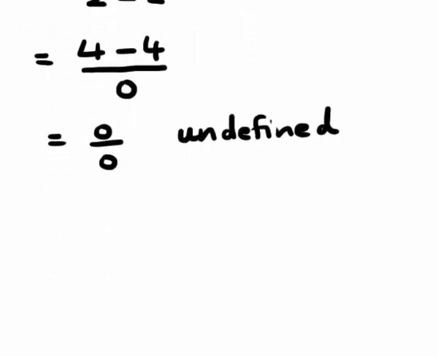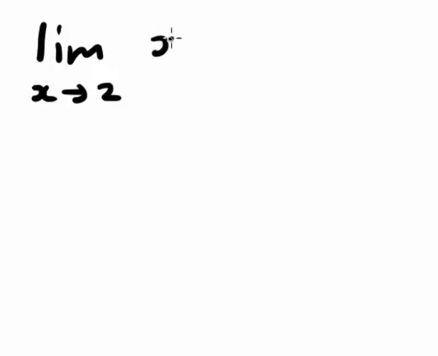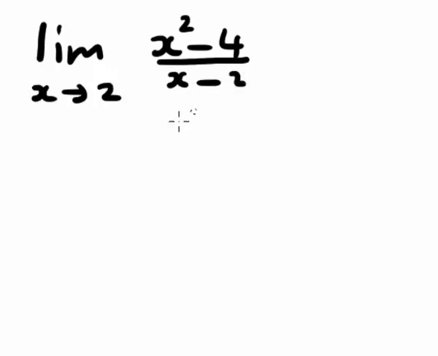Let's just take that limit again. Now watch this. If I took the limit as x is approaching 2 of x squared minus 4 divided by x minus 2, well, let's see if we can't fix this up, get rid of this denominator. No problem. I can factorize the numerator, the x squared minus 4.